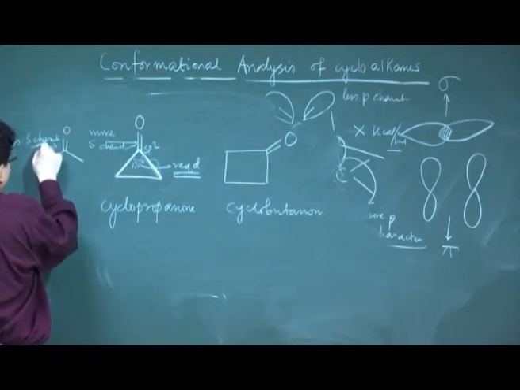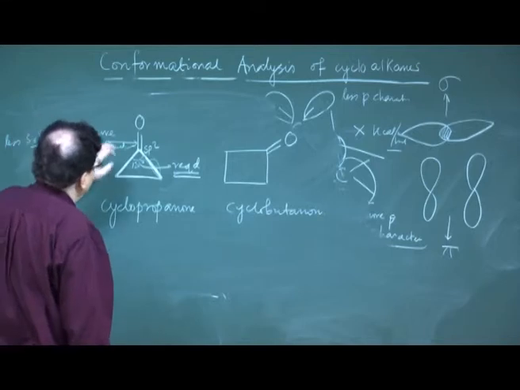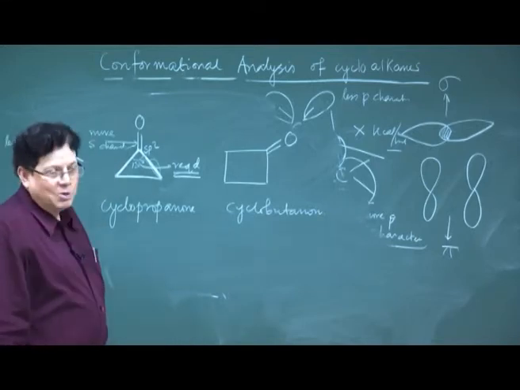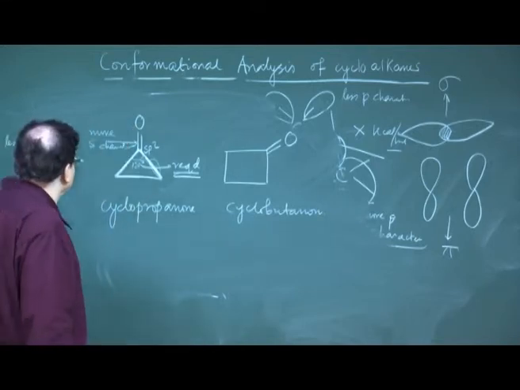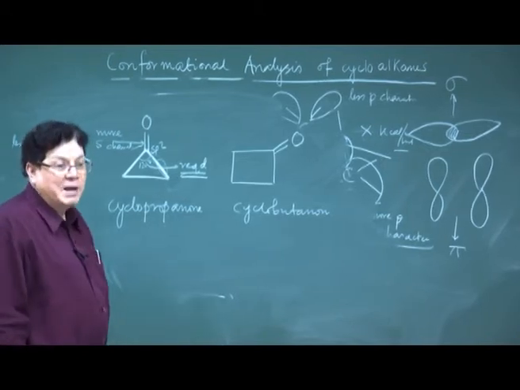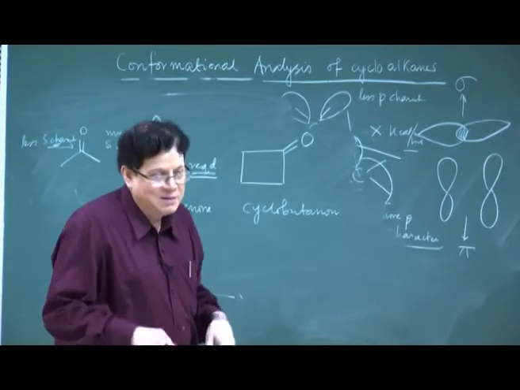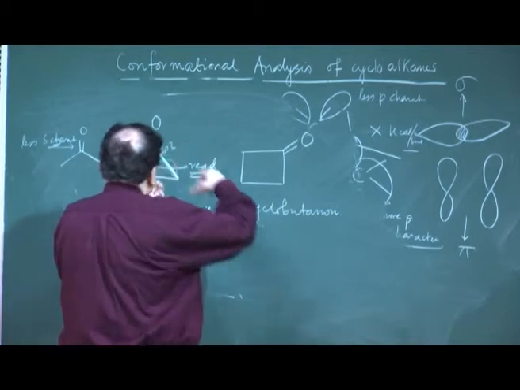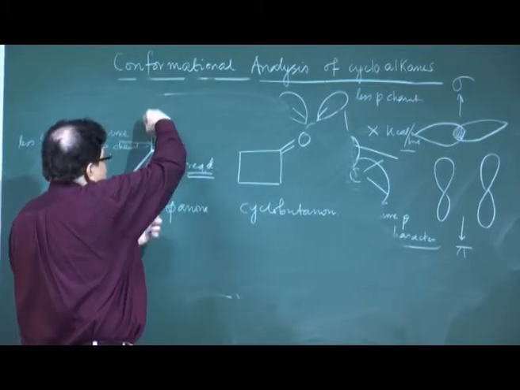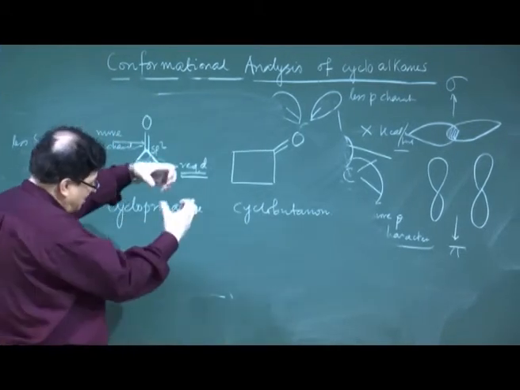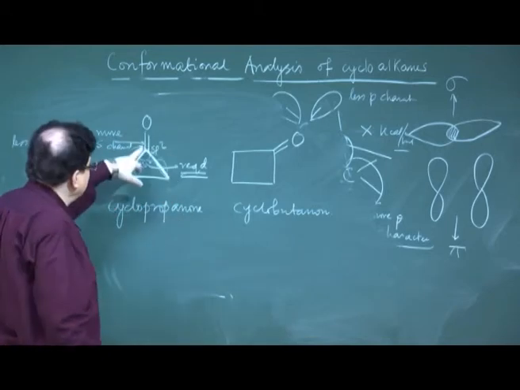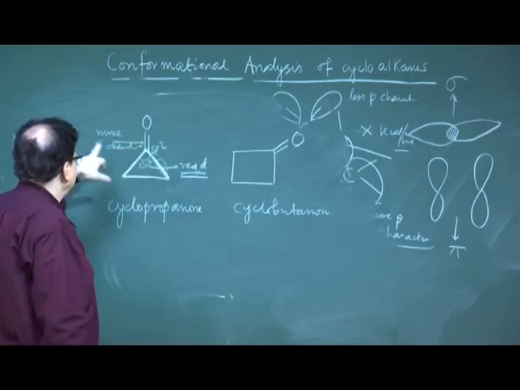So, which carbonyl is then stronger? Because as I say, the s electrons are closer. So, this carbonyl is stronger than this carbonyl. That you can measure. There are spectroscopic ways to measure the energy required to stretch this carbonyl bond. If you want to stretch the carbonyl bond, you require more energy for this than that.